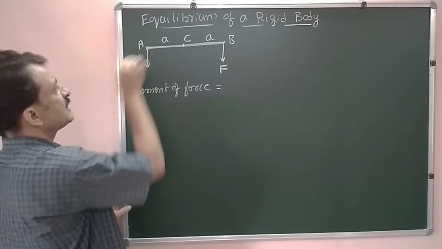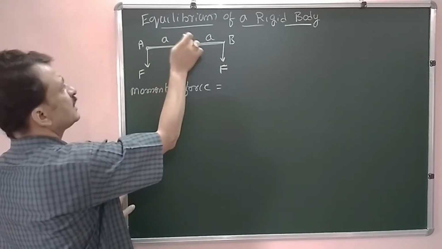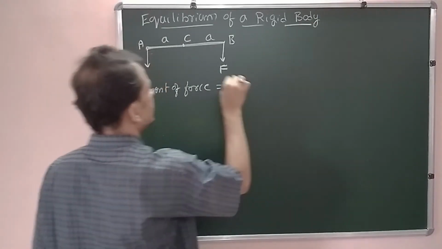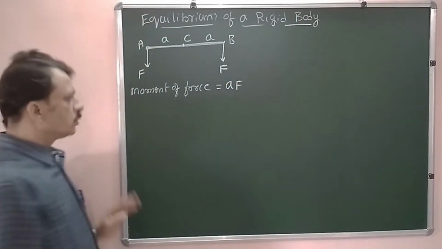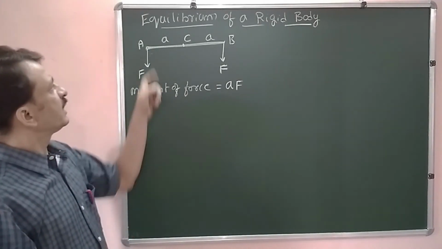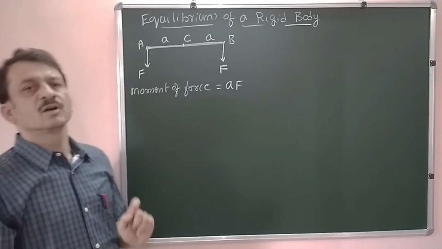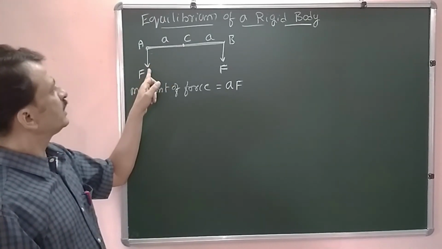Since here the angle is 90 degrees, sin 90 is 1. Therefore r means here the distance a, and the magnitude of the force is F. Now a times F is the torque acting on this rod due to the force at the point A.